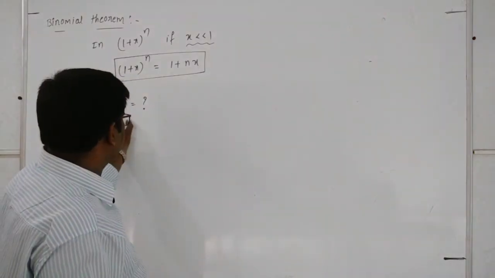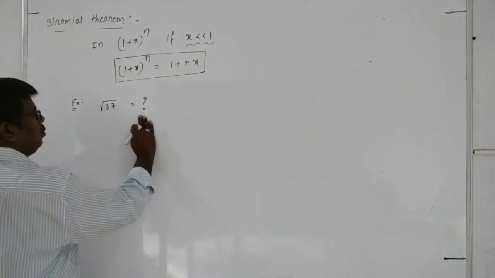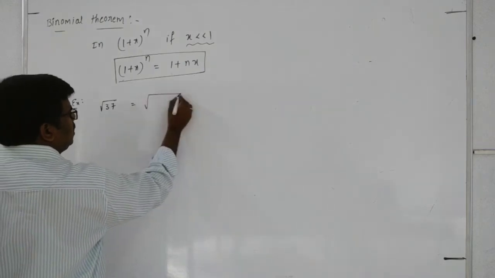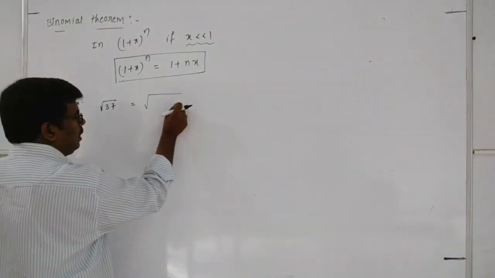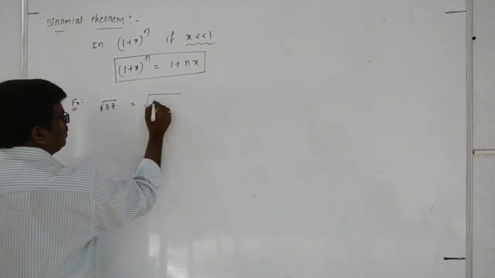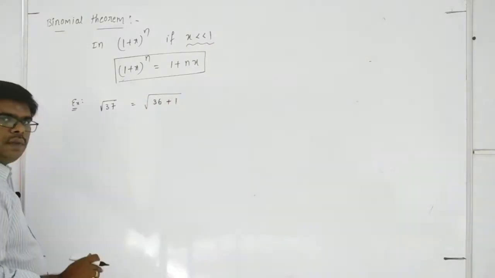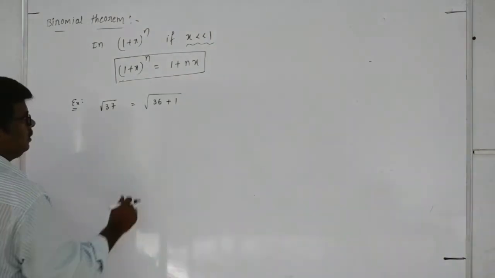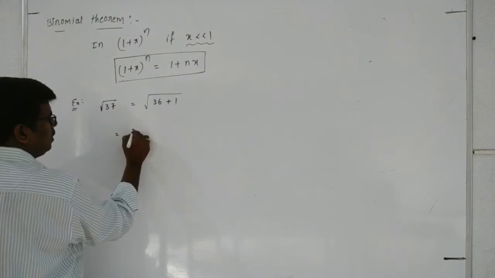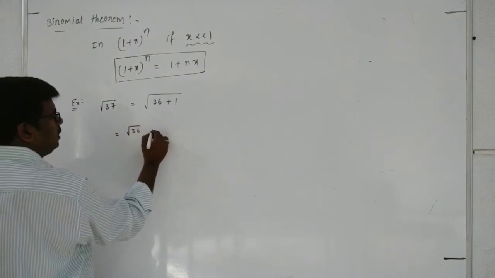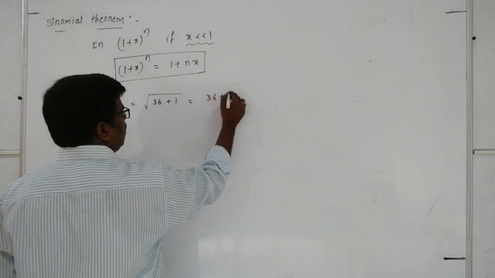How can this be found using this expression? First, split it into a square root value plus something. Root 37 can be written as 36 plus 1.